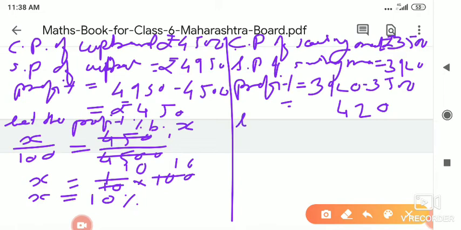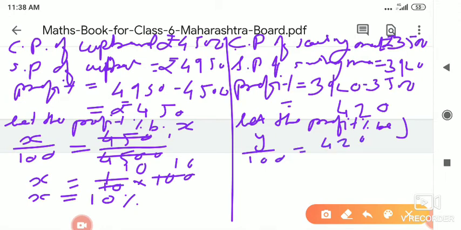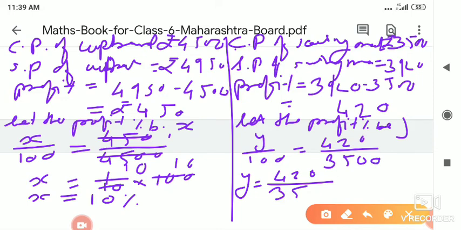So let the profit percent be Y. So Y upon 100 is equal to the profit, 420 rupees, upon the CP, which is 3,500. So Y is equal to 420 upon 3,500 into 100.